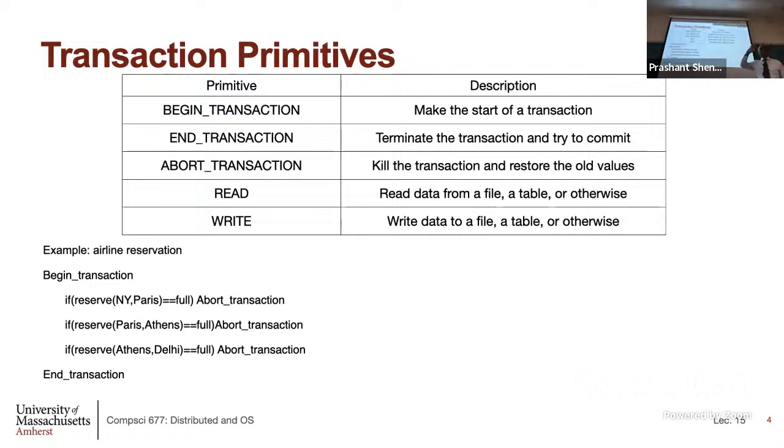First, very briefly, I'll talk about transaction primitives. The way you take a set of operations and make them atomic is you insert a begin transaction and an end transaction. Anything in between executes as if it's one atomic unit. This is not unlike locks, where if you grab a lock and release a lock, everything between is a critical section.